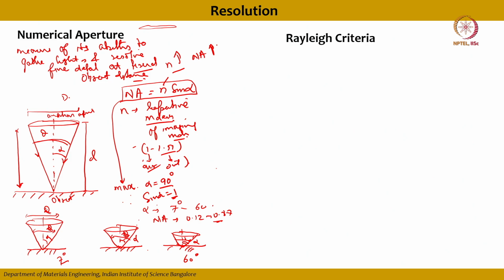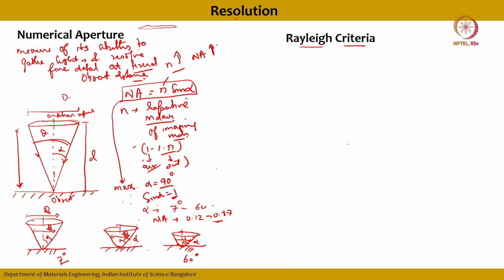Okay. So the importance of numerical aperture we will cover in just another slide. Before going to the actual effect of the parameters on the numerical aperture, we also talked about resolution, which is actually given by Rayleigh's criteria. Okay. So what is Rayleigh's criteria?